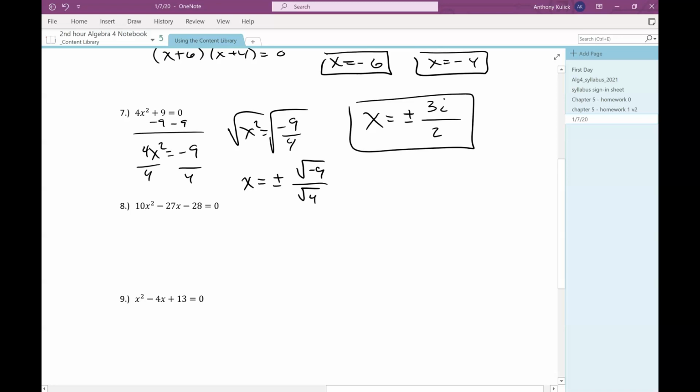Number 8. Again, this is one that might possibly be able to be factored, but notice since the leading coefficient isn't 1, to factor it, I'd have to use that long method, which probably is not any faster than just using the quadratic formula from jump, which is what I would do in this case. So I'm going to do this using the quadratic formula because I don't think it's going to be any slower than trying to factor this.